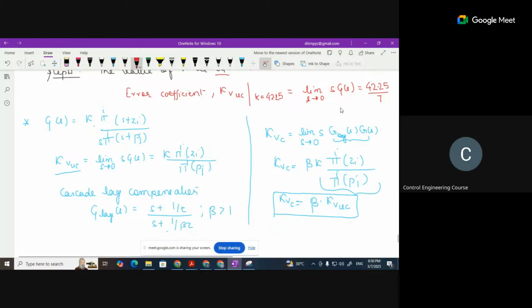If we calculate this, this is our value of K, and here we'll get this as 6.036. Clear? Yes, ma'am.